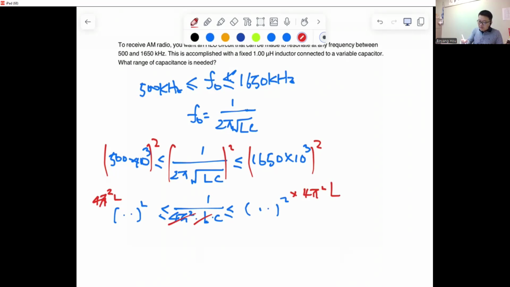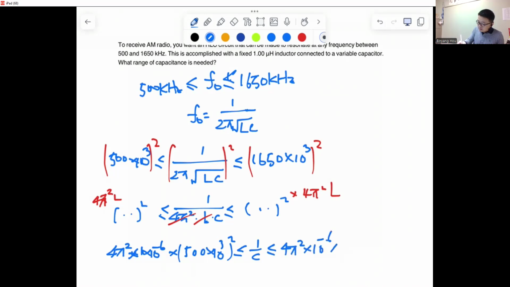What we have on this side is 4 pi squared times L, which is 1 times 10 to the negative 6 henry, times 500 times 10 to the third squared. That's equal to 1 over C, and that's equal to 4 pi squared times 10 to the minus 6 times 1650 times 10 to the third squared.